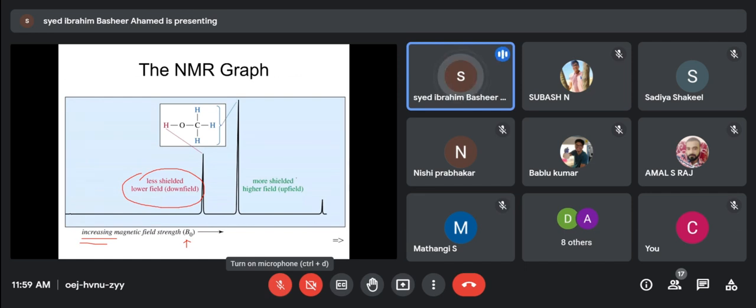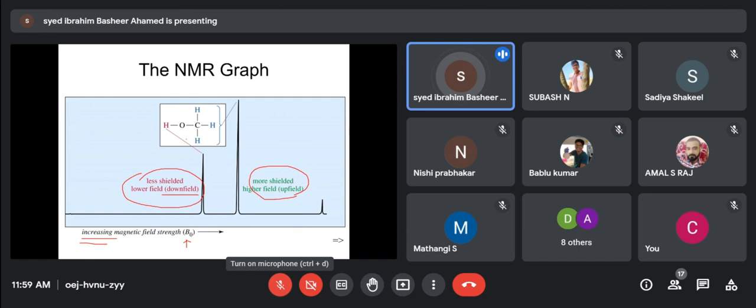Okay. So more shielded proton will always appear on your right hand side of the NMR map. Okay. So less shielded proton will appear on downfield. More shielded proton will appear on a higher field or upfield.